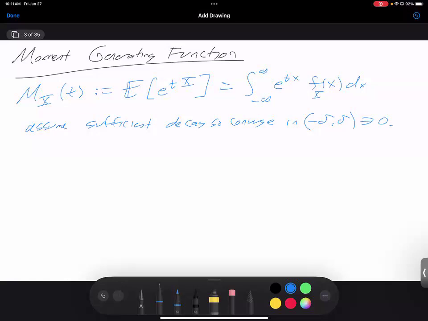How would you try to evaluate this integral of e to the tx times the density? Any thoughts about what we could do to e to the tx? Sometimes people look at the characteristic function, which is the moment generating function at it, which would then be e to the itx times the density. So this is the characteristic function.